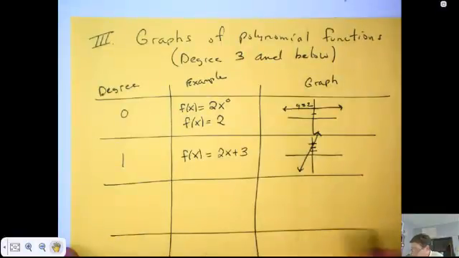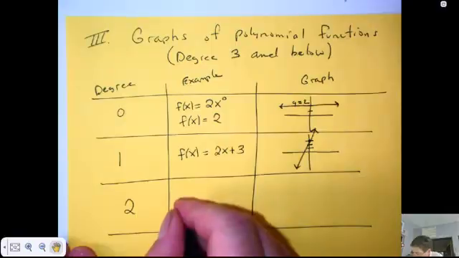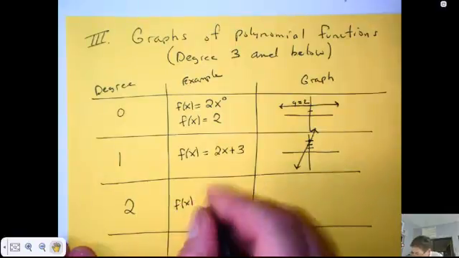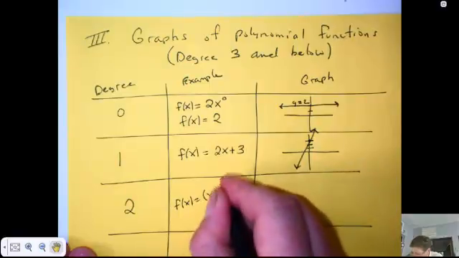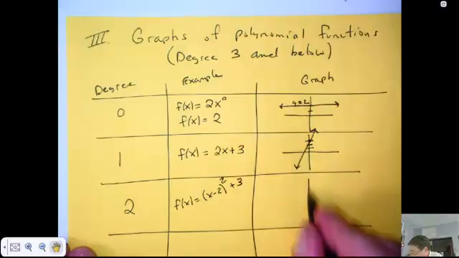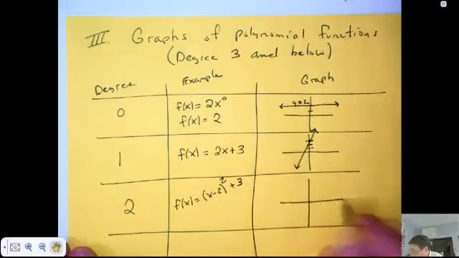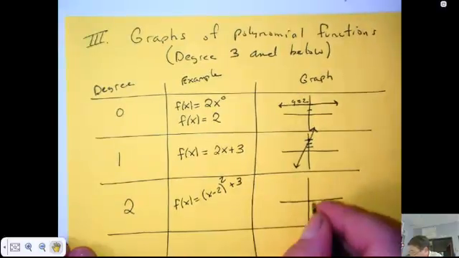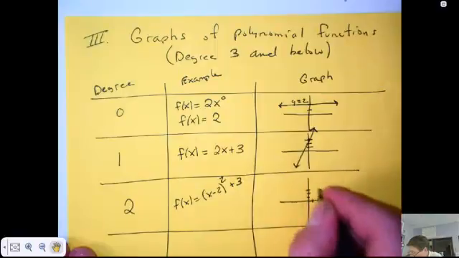In Algebra 2, you spend a lot of time on degree 2 polynomials, also known as quadratics. We just talked about vertex form, graphing these out. This one would simply have (2, 3) as the vertex.